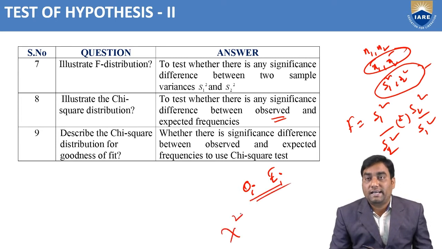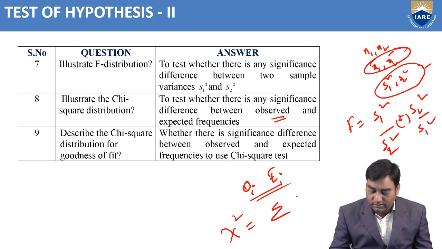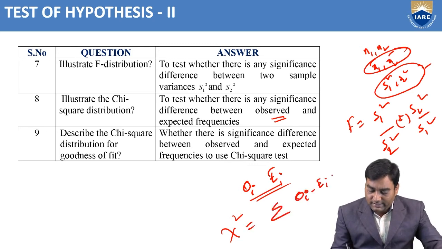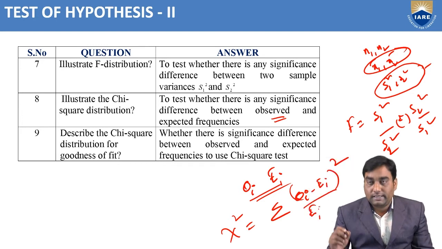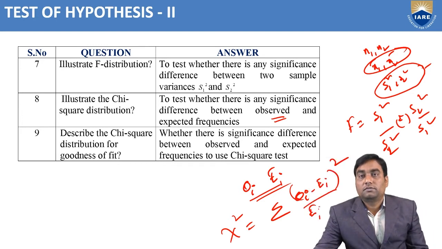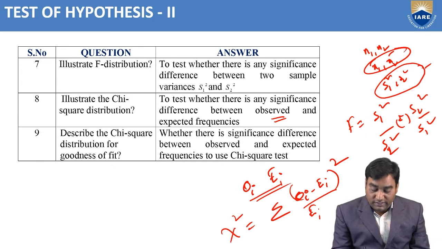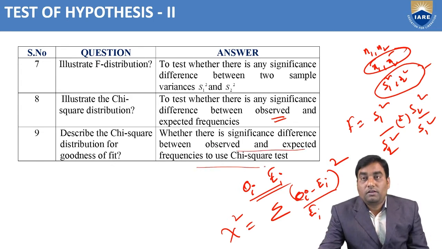We can use the chi-square test by using sigma (Oi minus Ei) whole square by Ei. Got my point? Whether there is any significant difference between observed and expected frequencies, we can use the chi-square test.